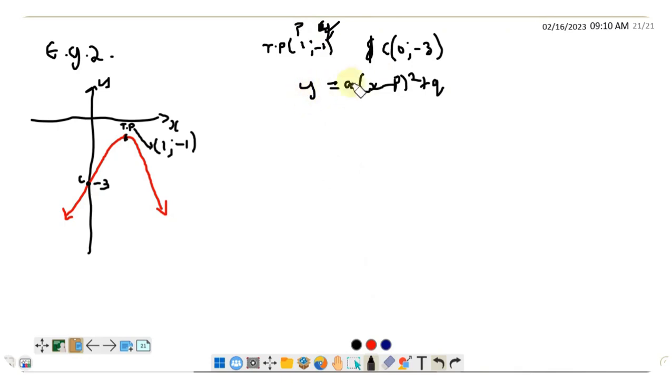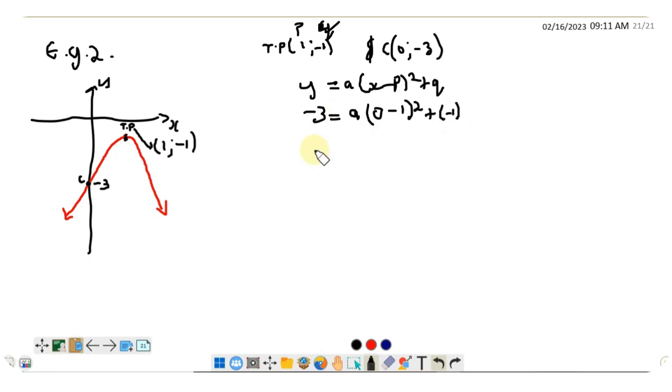So y is negative 3 equals a into x is 0 minus p is 1, plus q is negative 1. Now I just have to solve for a.